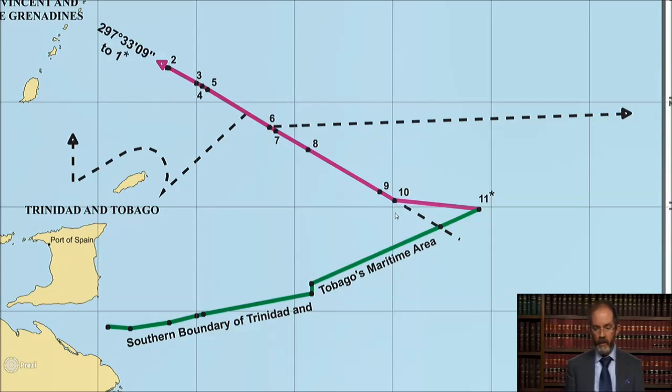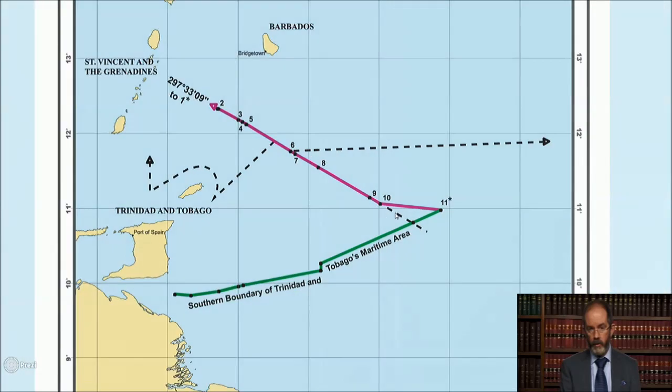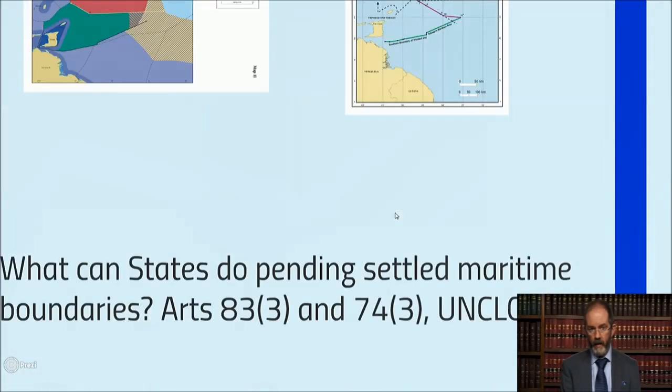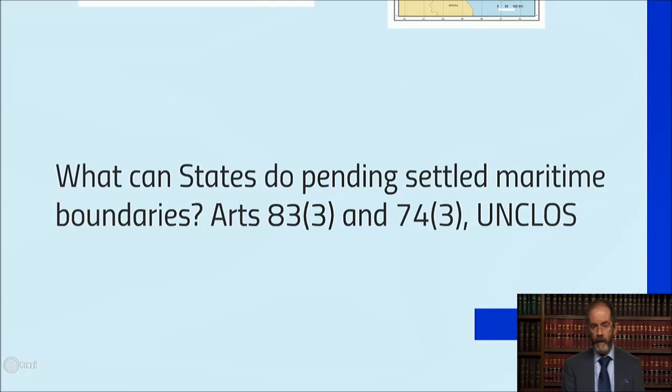Barbados's EEZ claim was not somehow inferior to an actually existing continental shelf, because the rights contained in the EEZ regime and the continental shelf regime are the same with respect to the seabed and subsoil. So Trinidad and Tobago lost out in that case and did not get a continental shelf beyond 200 nautical miles, even though there was continental shelf, as it were, out there to be claimed.